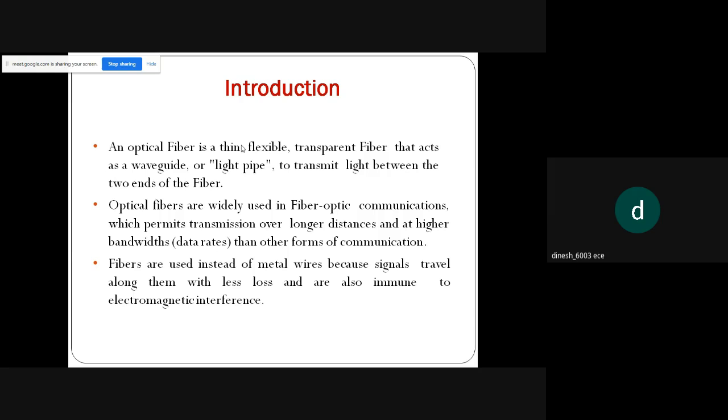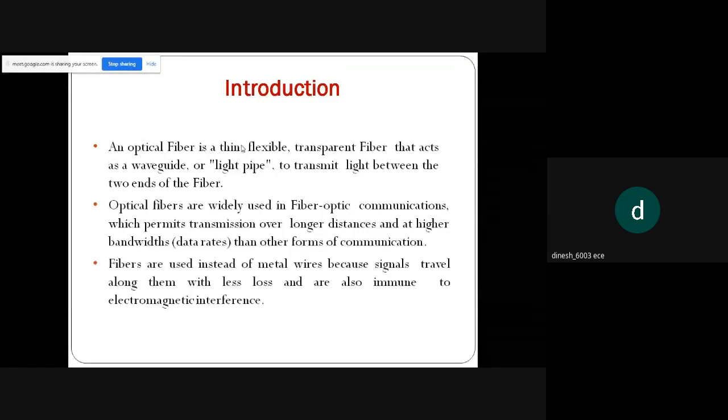If you use an optical fiber instead of all the existing electromagnetic based metallic wire structures, we can use it because the signals traveling along the fibers will have lesser loss compared to the electromagnetic wave transmission on the cables or on the transmission lines.